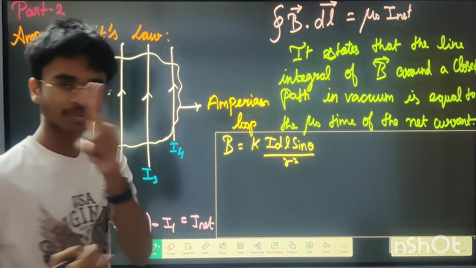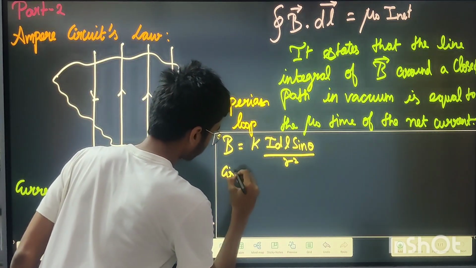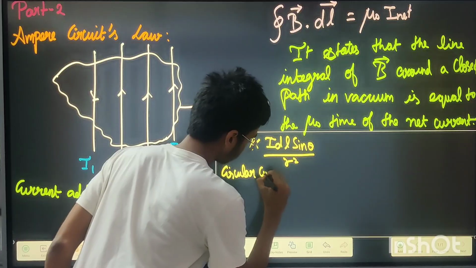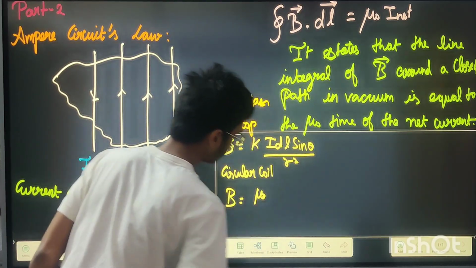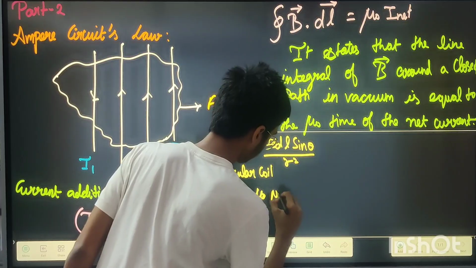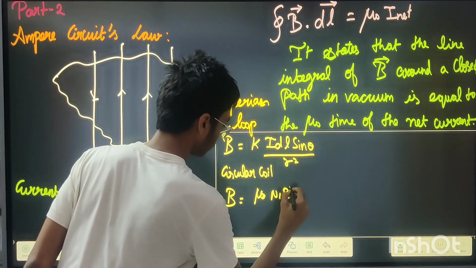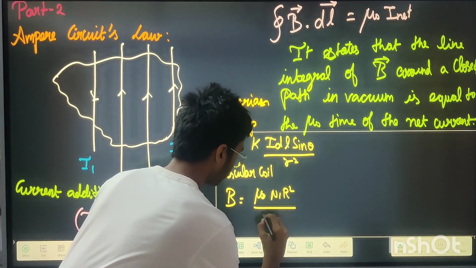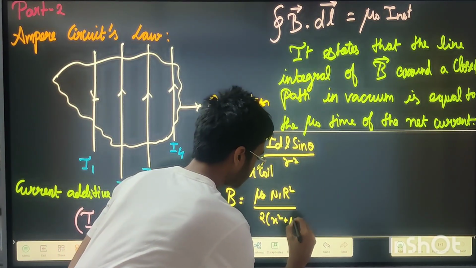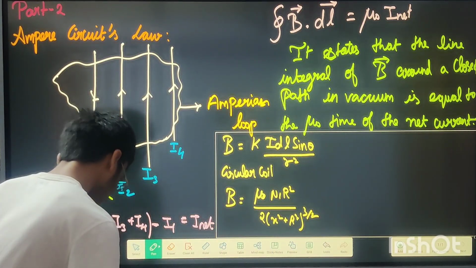This is the first formula that we have seen. Then, in a circular coil, the magnetic field is equal to mu naught N I r square whole divided by 2 into x square plus r square to the power of 3 by 2. That is the formula that we have seen. Yes, right?